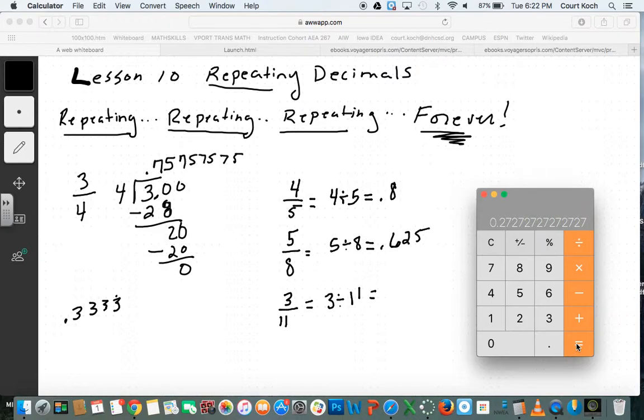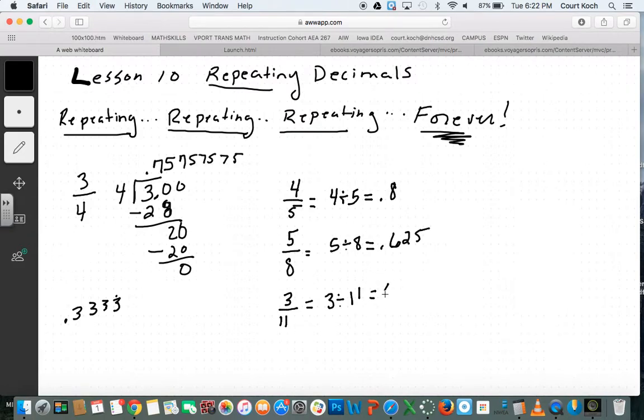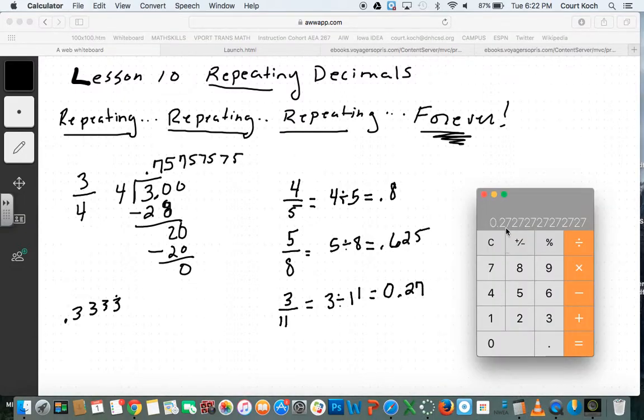Just because the calculator doesn't give me those 3 little dots doesn't mean it doesn't go on forever and ever. It repeats. So what I'm going to do is write the 0.27. Going back to the calculator, I first ask myself, what is it that's repeating? Is it one number or is it several numbers? Here I see it's 27, 27, 27, 27. 27 keeps repeating.